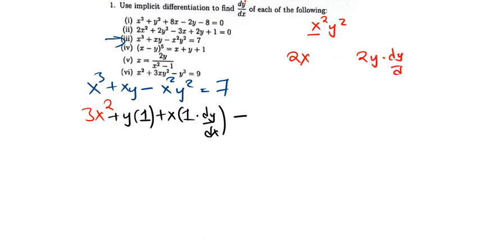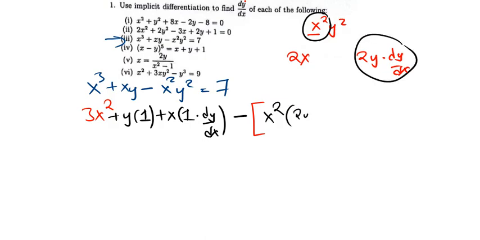So we'll do that. For this one, let's start with x squared. Now remember there is this negative, so the negative applies to everything, so we are going to introduce some brackets here. So if I start with x squared, it means I'm going to multiply by the derivative of the other part, which is 2y dy dx, right?